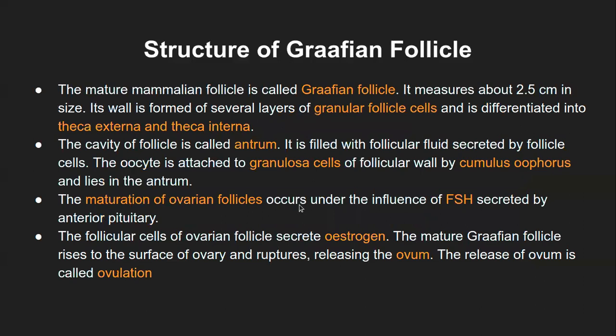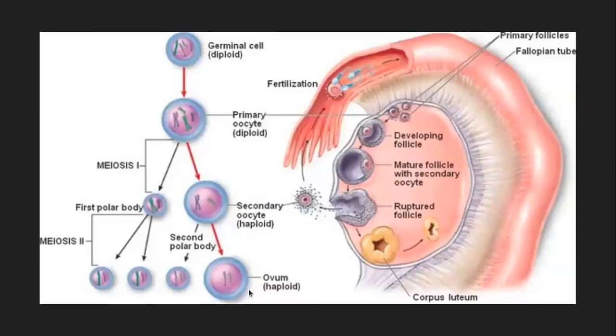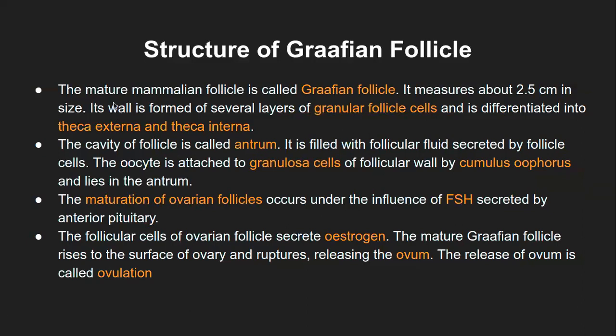I hope you understood what I said. So that was the formation of the Graafian follicle, and in continuation the mature mammalian follicle, that is the Graafian follicle, is formed. After the secondary oocyte, the Graafian follicle is formed after maturation, and this measures about 2.